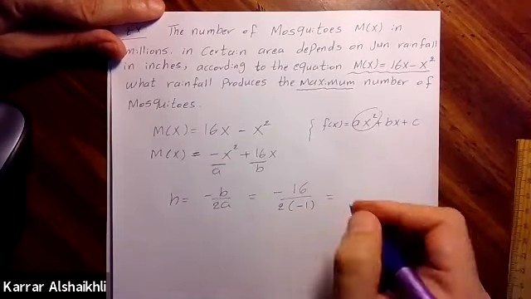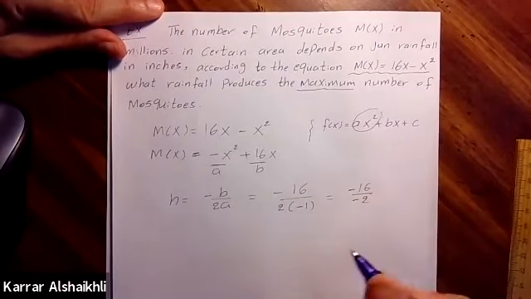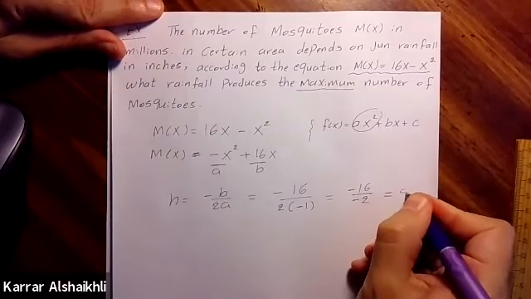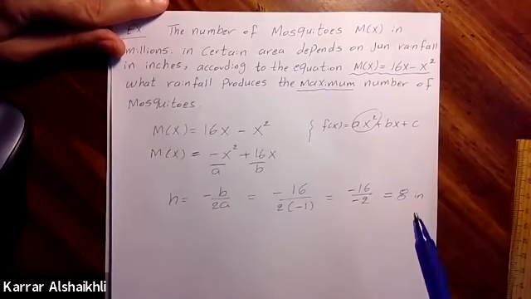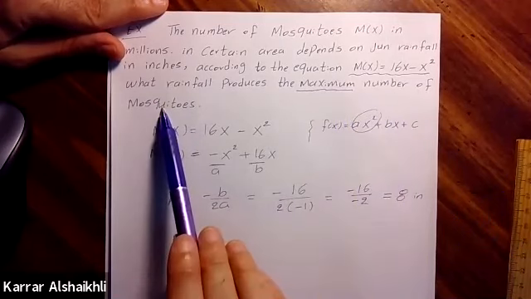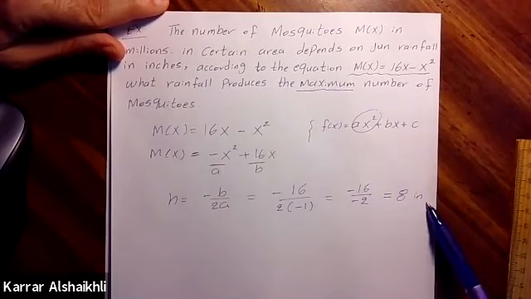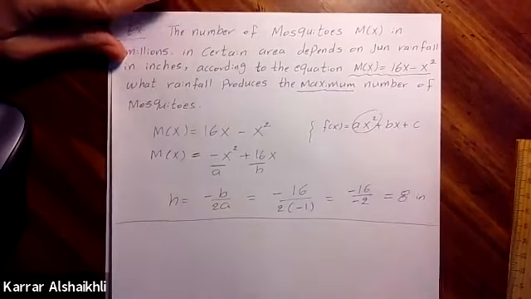So it's going to be negative 16 over negative 2, because 2 times negative 1 is negative 2, and the result is going to be 8 inches. So that means we will get the maximum number of mosquitoes if the rainfall is 8 inches. That's the solution for this example.